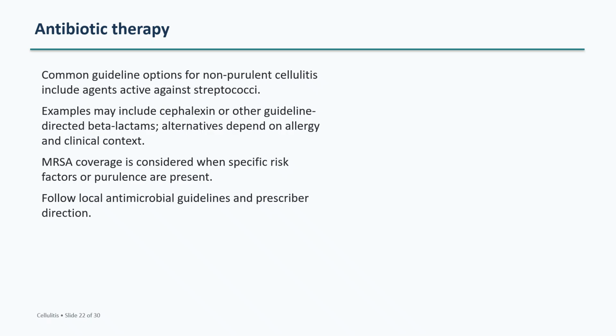So we give the medication to the patient which decreases the streptococci population in the patient's body, and examples may include cefalexin and other guideline directed beta lactams. Alternatives depend on allergy and clinical context. So we have to ask the patient history, and we have to ask whether they are allergic to any specific antibiotics, and according to that we can give medications to the patients.